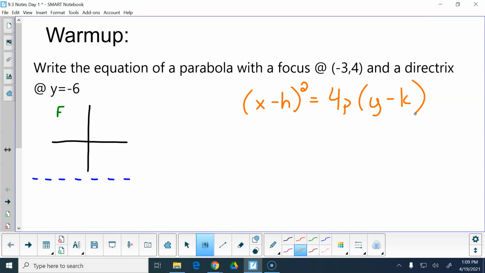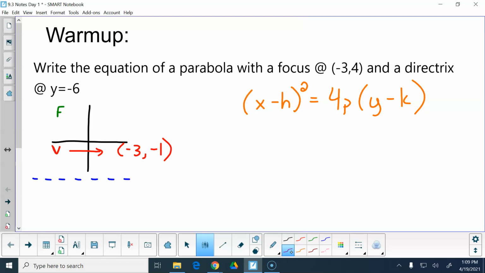So next thing we should probably find is our vertex. Our vertex is going to be located right there, at the point -3, -1.